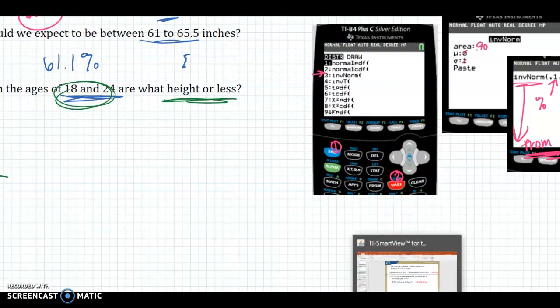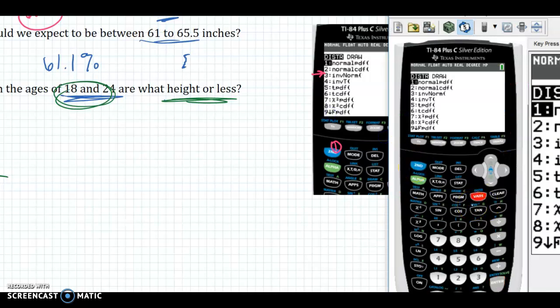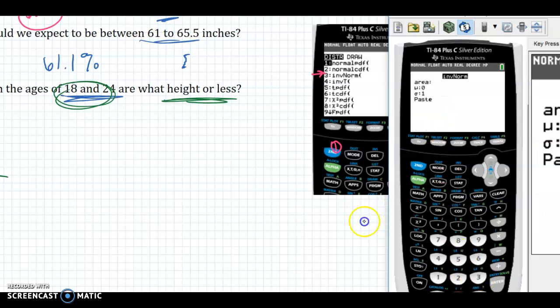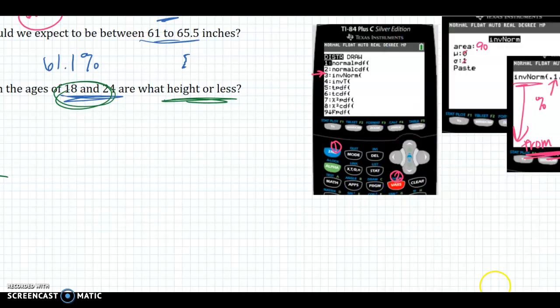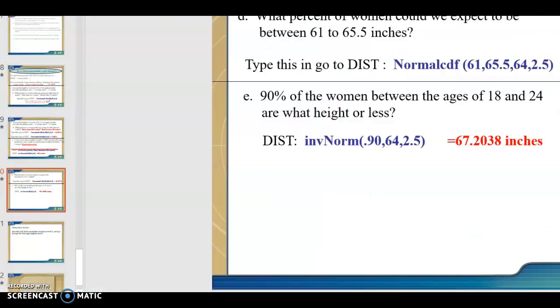So let's punch it in and see what happens. We're going to go to second vars, and then we are going to go to option 3, inverted norm. Our area is 0.9. Our mean is 64. And our standard deviation is, I forgot what it was, 2.5.